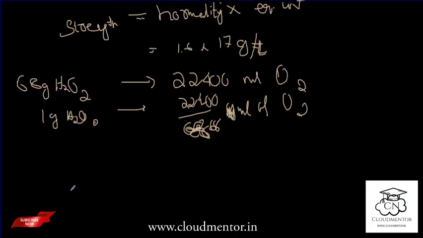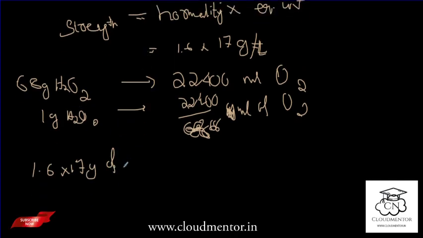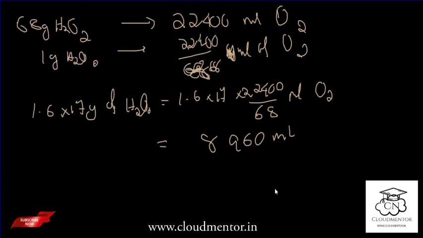So 1.6 multiplied by 17 gram of H2O2, that is the strength here, will give 1.6 multiplied by 17 multiplied by 22,400 divided by 68 milliliter of O2. By the calculation we get 8,960 milliliter.